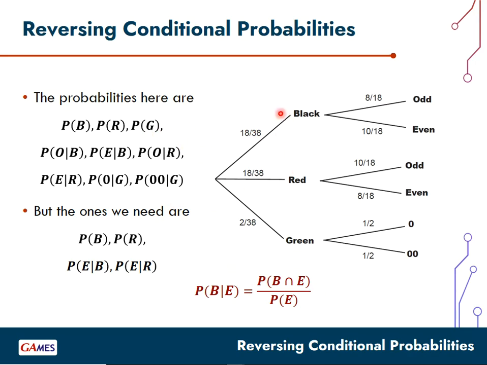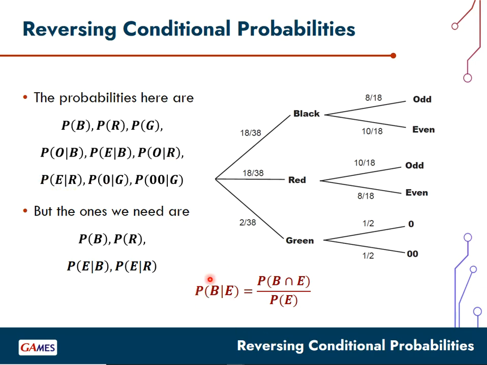Then we also have conditional probabilities, that is probabilities of some other events conditioned on the occurrence of some prior event. These are the conditional probabilities: P of O given B, P of E given B, P of O given R, P of E given R, and so on.